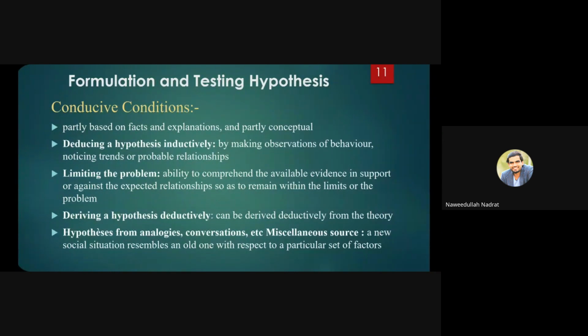Without this, logical validity will be missing. That means you are going to conduct an empirical study, but you will not have a valid statement. So what are you going to verify empirically in your study?